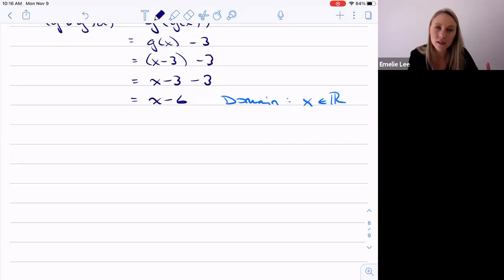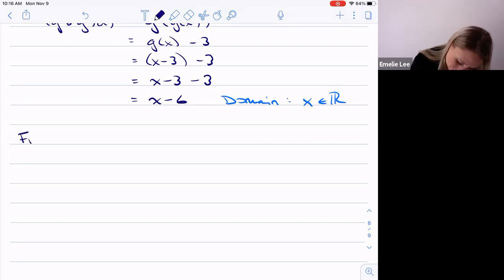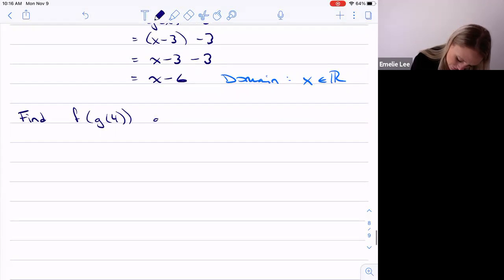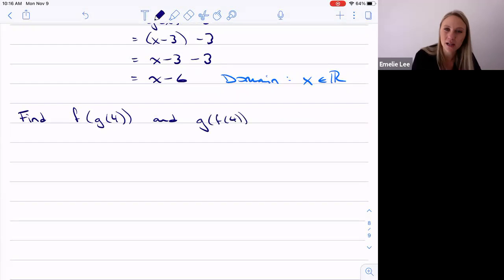Let's just do one quick example. Find f of g of 4 and g of f of 4. We can evaluate these new functions at values of x.